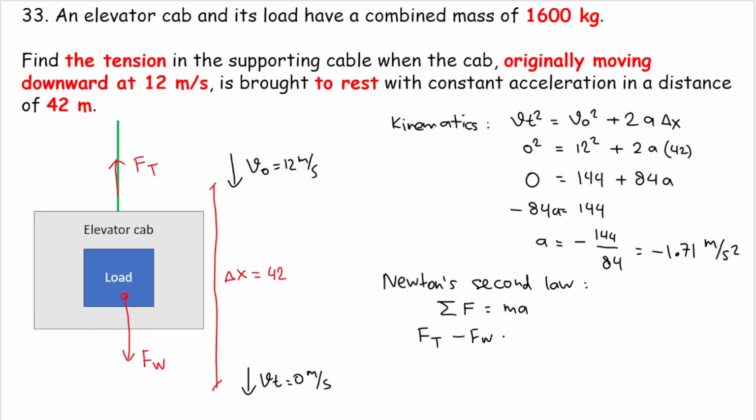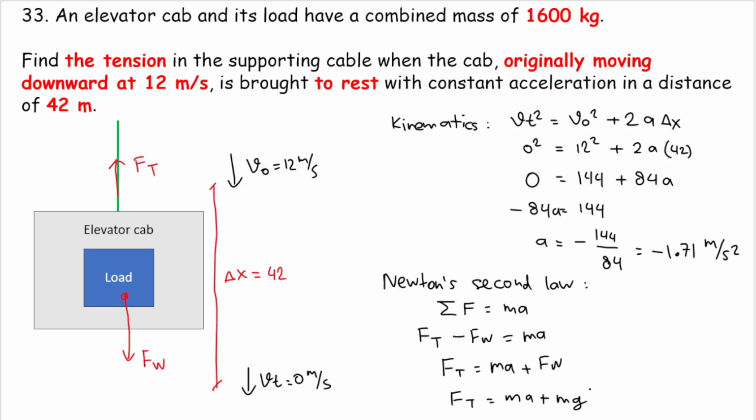And this equals mass times acceleration. We need to isolate Ft, so Ft is equal to ma plus Fw, but Fw is mass times gravity, so Ft is equal to ma plus mg.